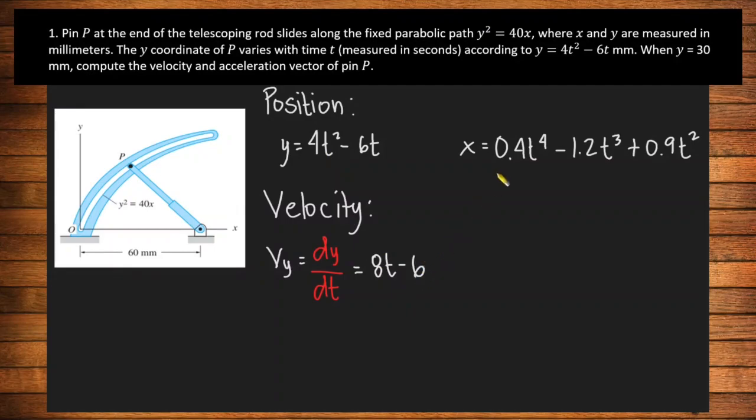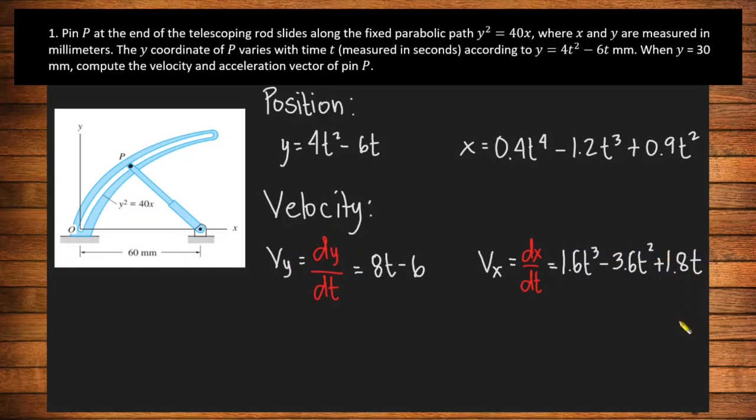And then similarly, for the x component of our velocity, that will be the first derivative of the x component of our position vector with respect to time. So, first derivative nito, that will be equal to 1.6t cubed minus 3.6t squared plus 1.8.